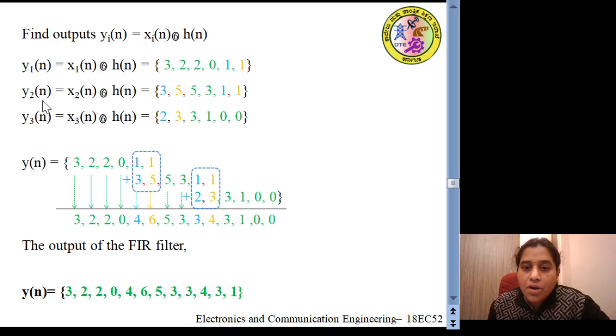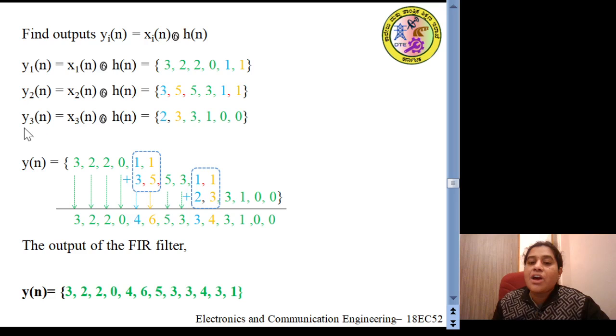Similarly, the second block of data can be obtained by 6-point circular convolution of x2 of n with h of n. We generate the square matrix of x2 of n, and that is directly multiplied with the column matrix h of n. We obtain the samples 3 5 5 3 1 and 1 of our second block of output.